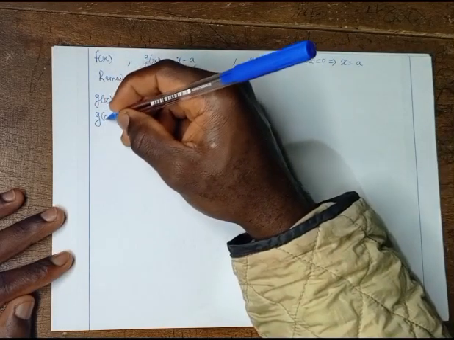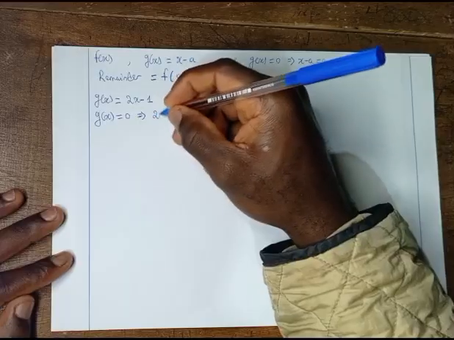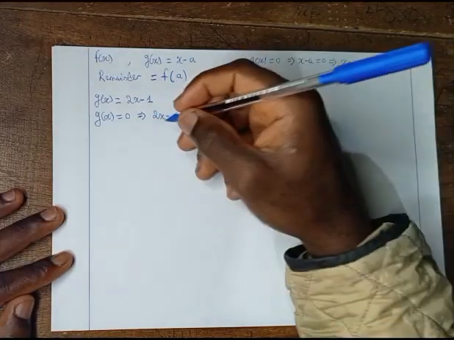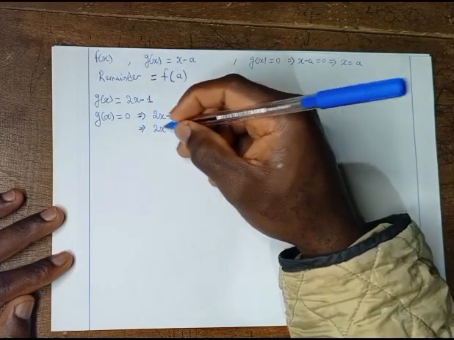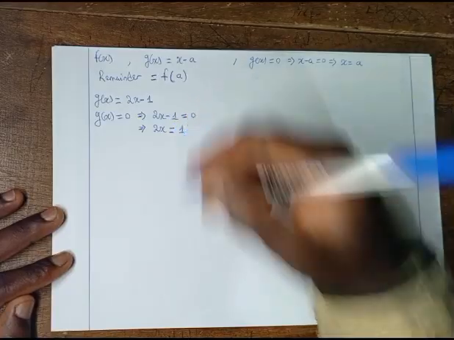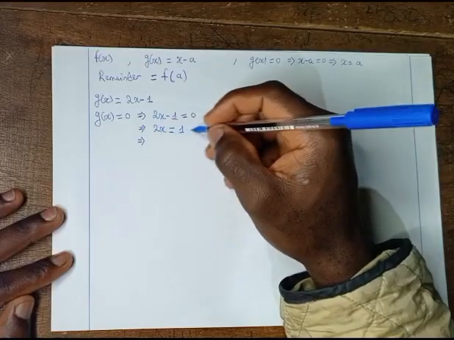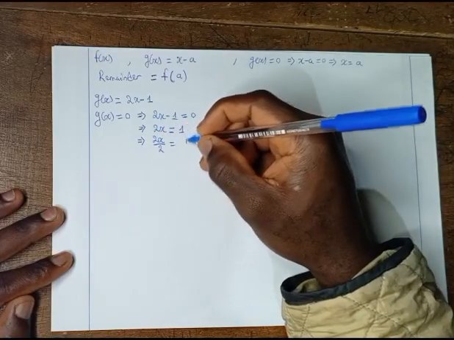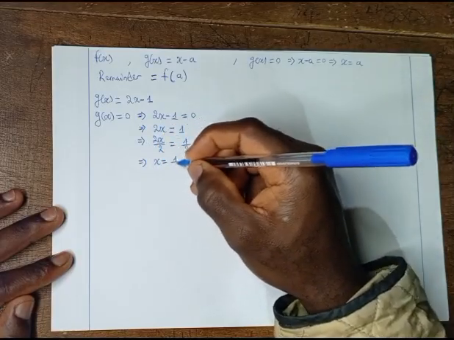If you equate g of x to 0, this gives 2x minus 1 equals 0. We transfer negative 1 to the right hand side, where it becomes positive 1. Then, to get the value of x, we divide all through by the coefficient of x, which is 2, so x is equal to a half.